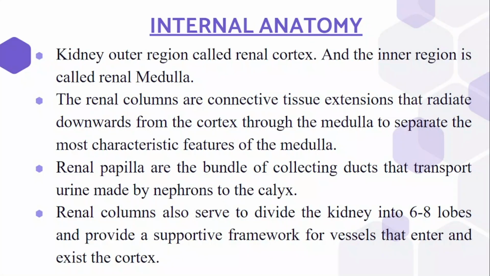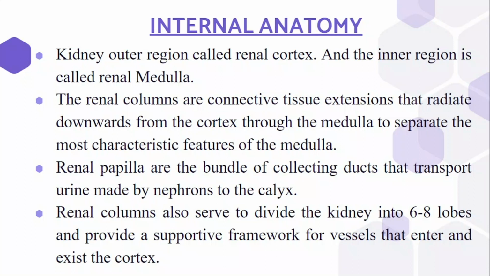Now we are going to discuss the internal anatomy of your kidney. Your kidney's outer region is called the renal cortex and the inner region is called the renal medulla. The renal columns are connective tissue extensions that radiate downward from the cortex through the medulla to separate the renal pyramids, characteristic features of the medulla.